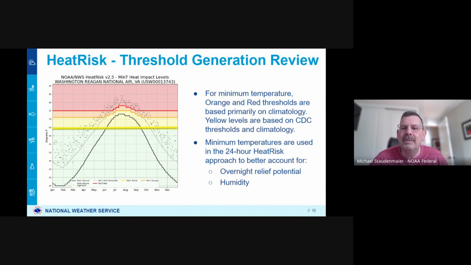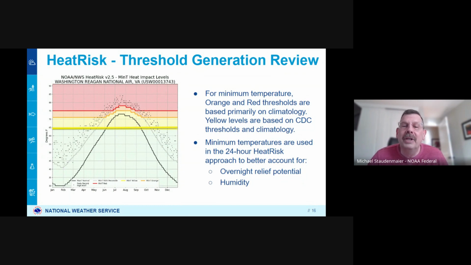So we use the minimum temperatures to identify those situations where climatologically unusual overnight heat is contributing to, maintaining, or even increasing the heat stress that's accumulated during the daytime period, or if cooler minimum temperatures would lower that increased heat stress.